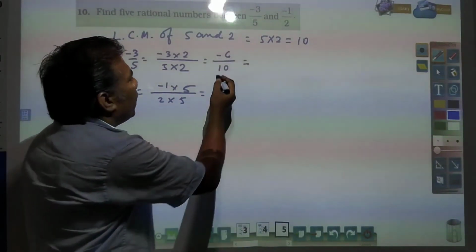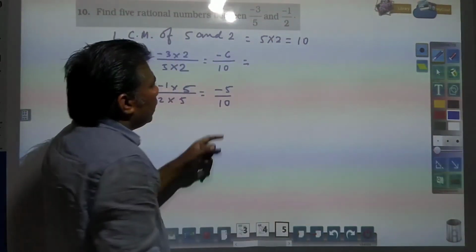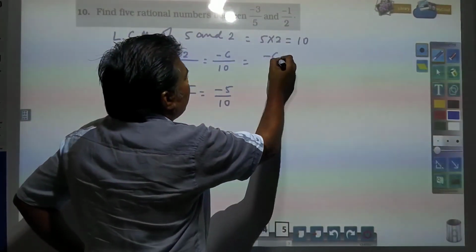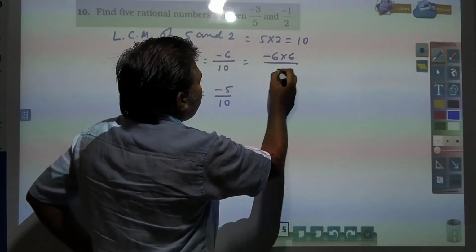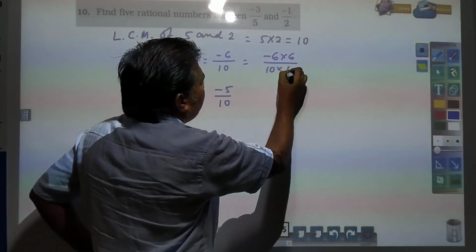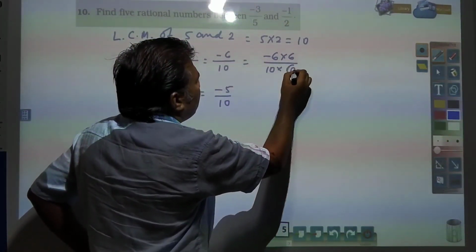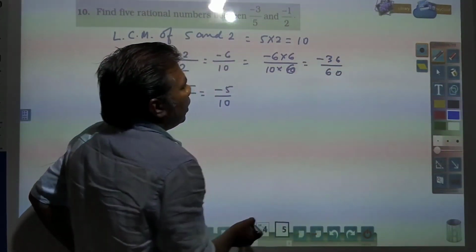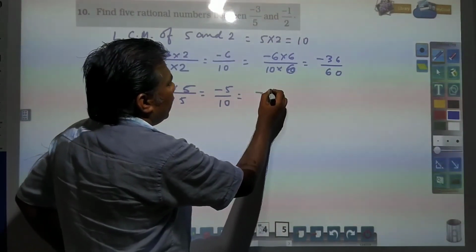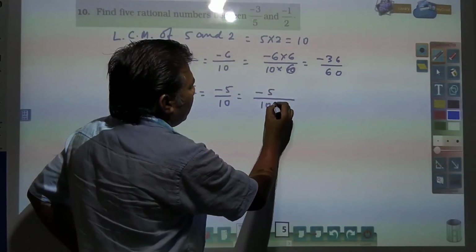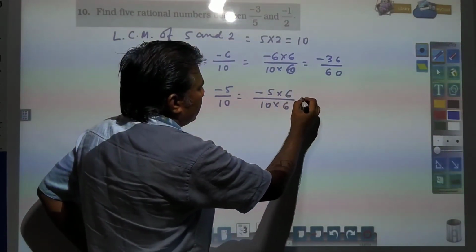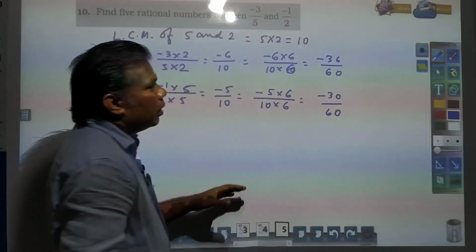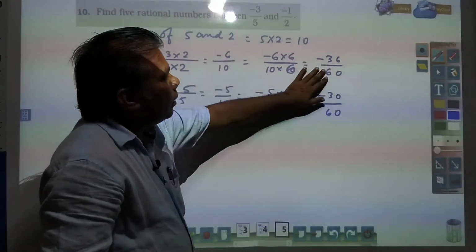If you are multiplying this number, the denominator we need to keep equal. So if we are multiplying by 6, this will become minus 36 by 60, and if you multiply minus 5 by 10 by 6, you will get minus 30 by 60. Now in between we can write 5 rational numbers.